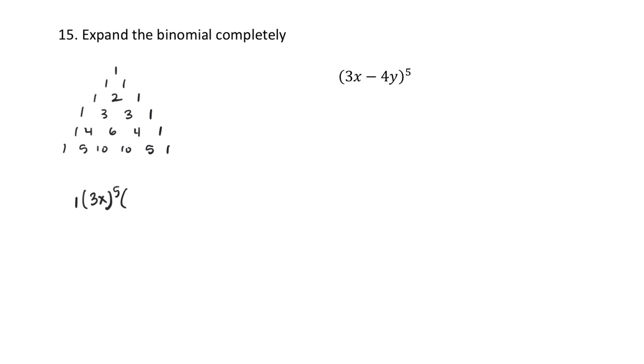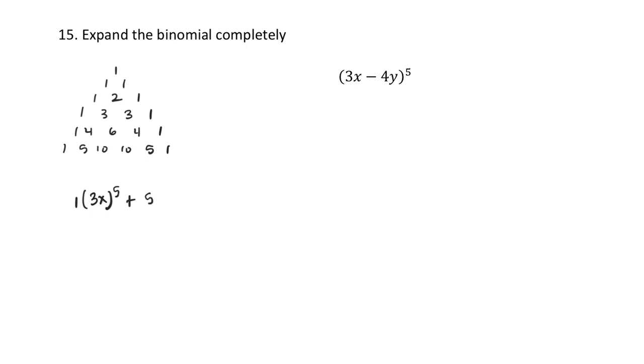And then the second term, -4y, is raised to the 0 power. Because remember, the combination of these two exponents always has to equal the original exponent. Anything raised to the 0 power is 1. So we don't need that for the first term.